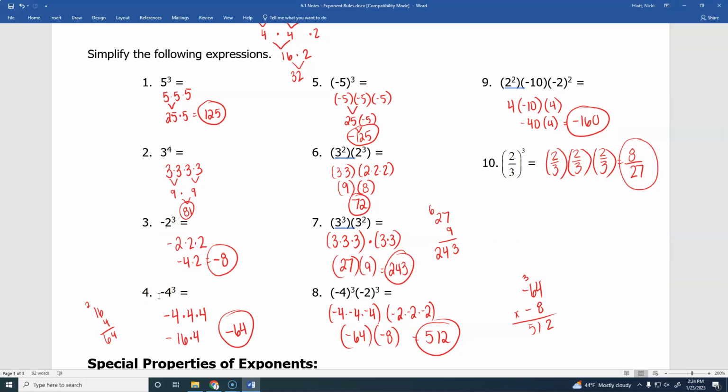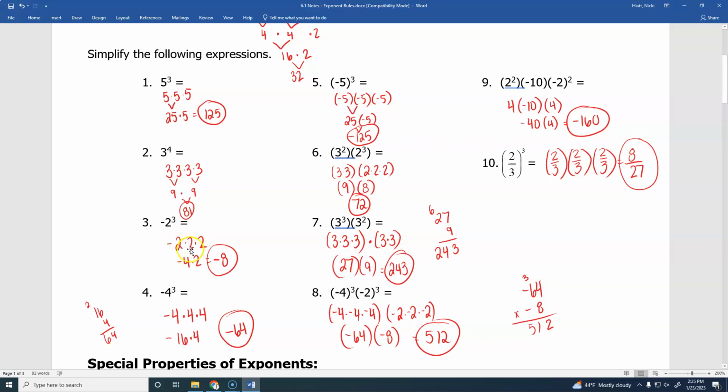It ended up not mattering because there was an odd exponent. But when you see negative 5 in parentheses raised to the third power, it means negative 5 times negative 5 times negative 5. When you see negative 2 raised to the third power, only the 2 is raised to the third power. So the negative just kind of hangs out front here.